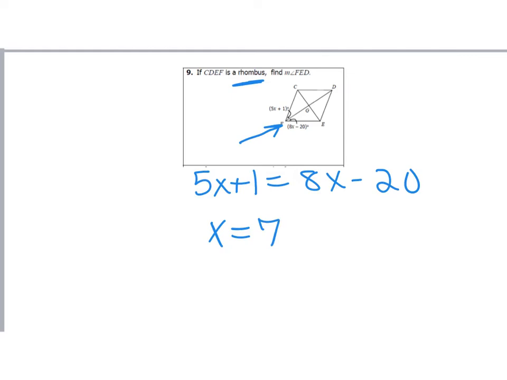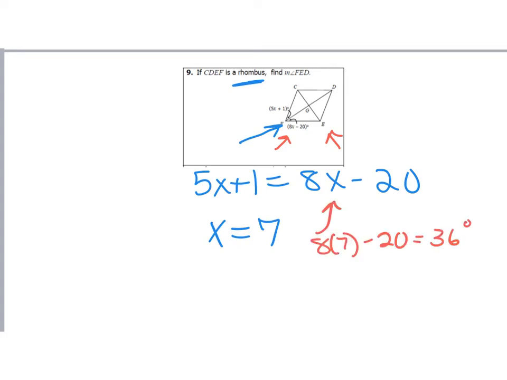So are we done? No, it says find the measure of angle FED. So F to E to D, let me show you this, is this entire angle right here. It's the entire angle. It's not part of it, it's the whole thing. So when I plug in 7 back into this angle right here, let's see what we get.